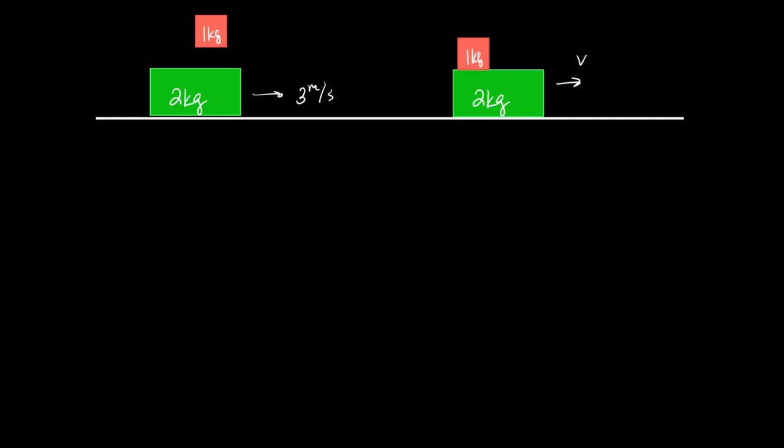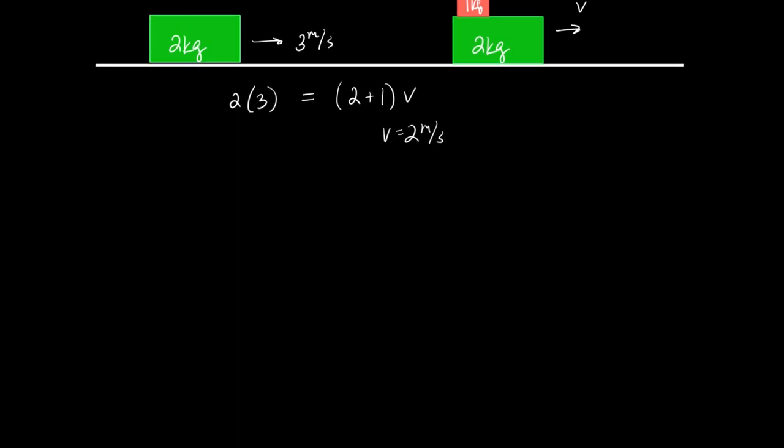The only box with horizontal momentum before the collision is the green box. After the collision, both boxes have horizontal momentum, but we don't know what the combined velocity will be until we do a little work. Doing the math, we find that the velocity is going to be 2 meters per second. Okay? Seem familiar from way back when?